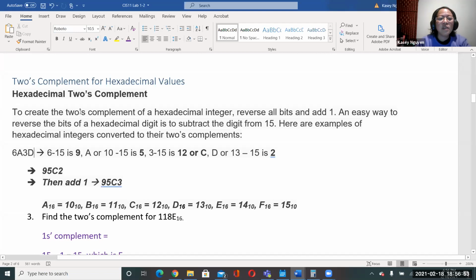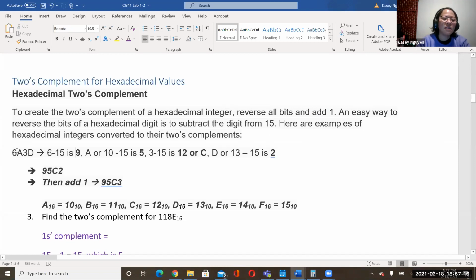It tells you here that to create the 2's complement of hex, you reverse the bits and add the 1. The easy way to do this is to subtract the digit from 15, and then after that, you add the 1. So in this example, 15 minus 6, you get a 9.